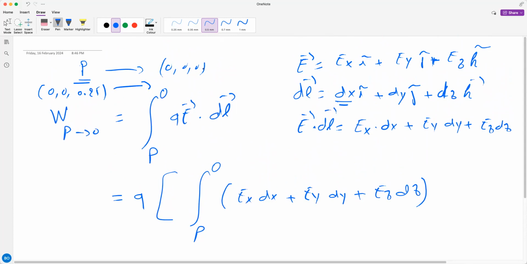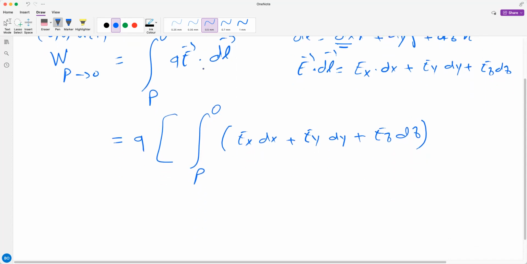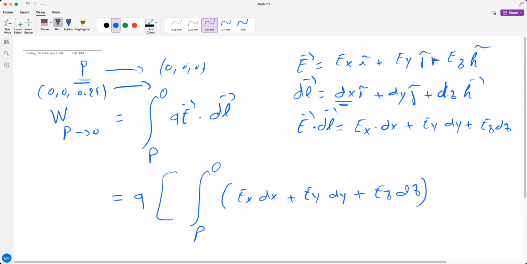Because we are moving from point P, which has coordinates 0, 0, 0.25, to the origin, which has coordinates 0, 0, 0. Now, remember, the only displacement that is happening is along the z-axis, because the x location does not change, and the y location does not change, right?